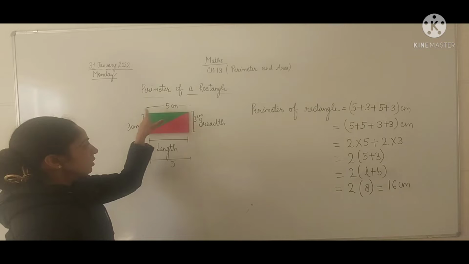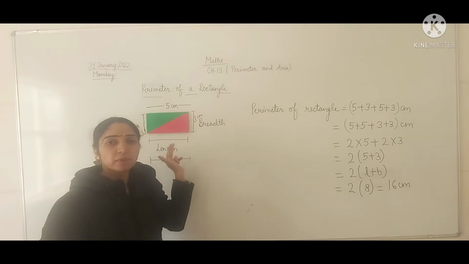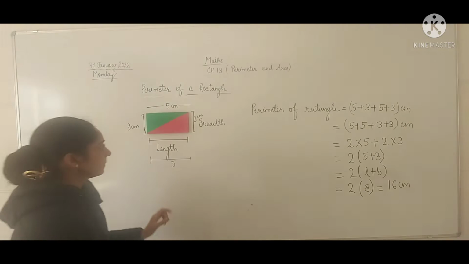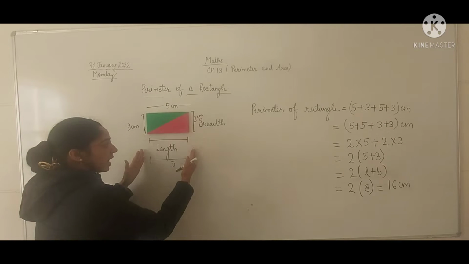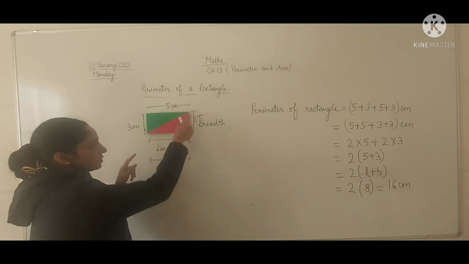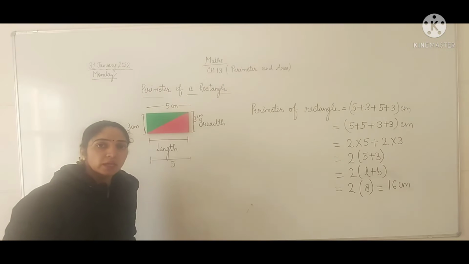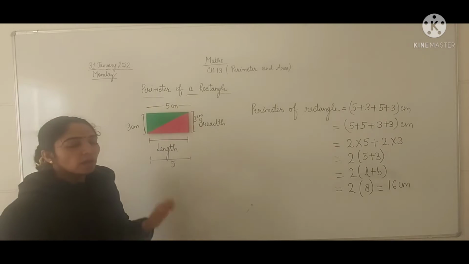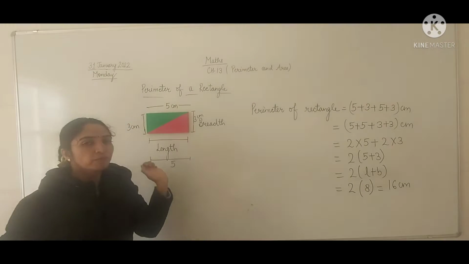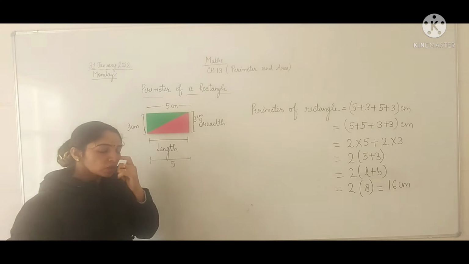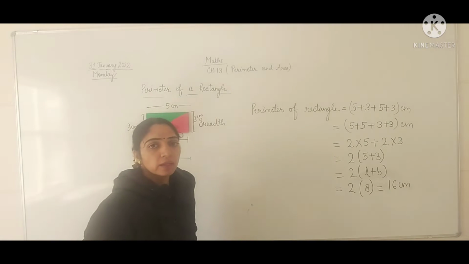Okay. So you know that this is a rectangular shape, right? And this is the length and this is the breadth. This side is length and this is the breadth of the rectangular shape. If this length is given as 5 cm and this breadth is 3 cm, how can we find their perimeter?